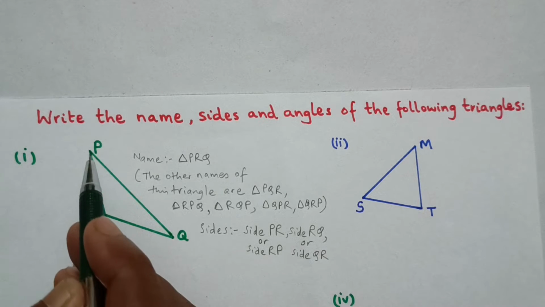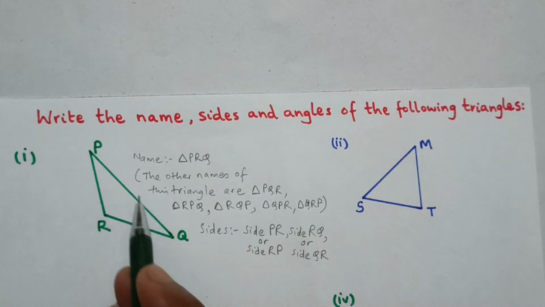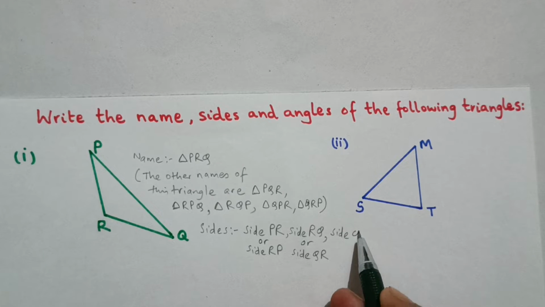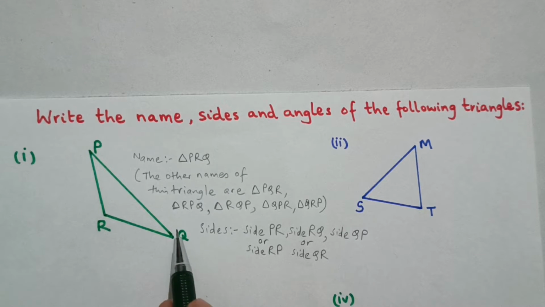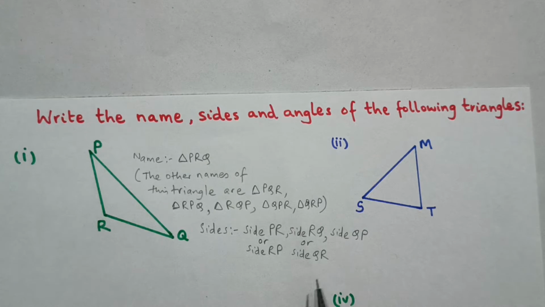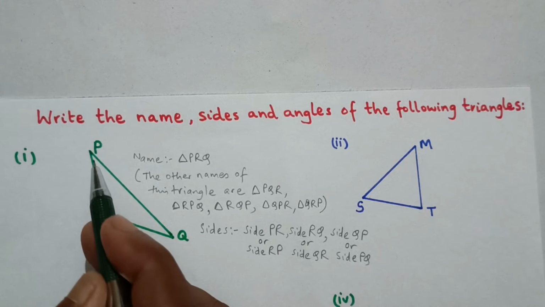And then this is the remaining side. I am calling this side as side QP. So this side I am calling it as side QP, but you can call it as side PQ also. So side QP or side PQ, both are this side.